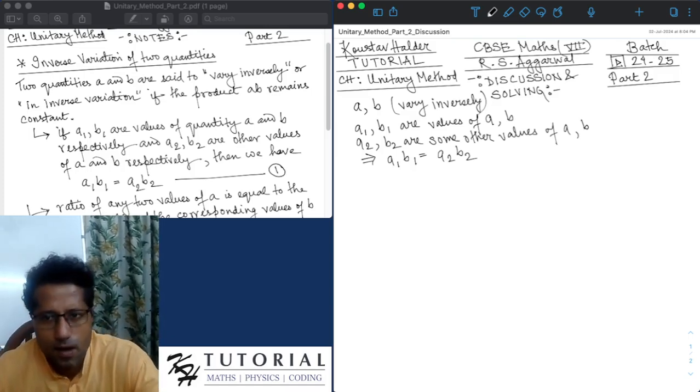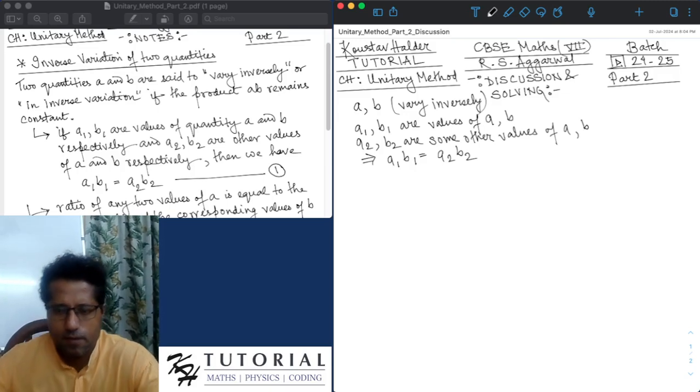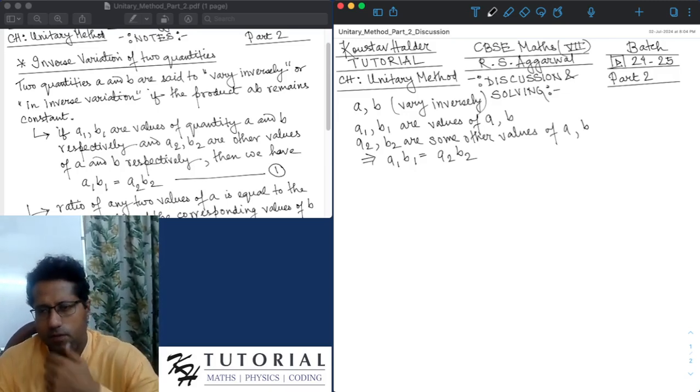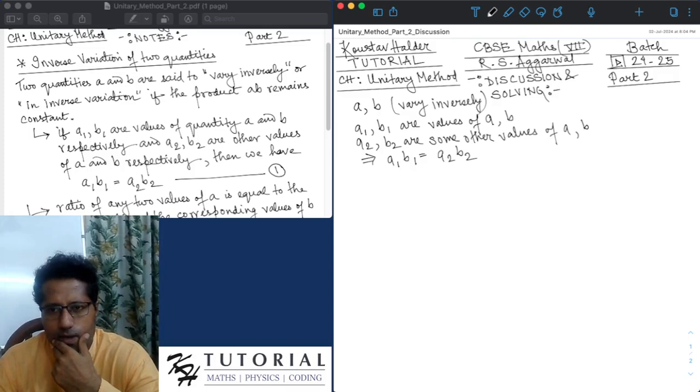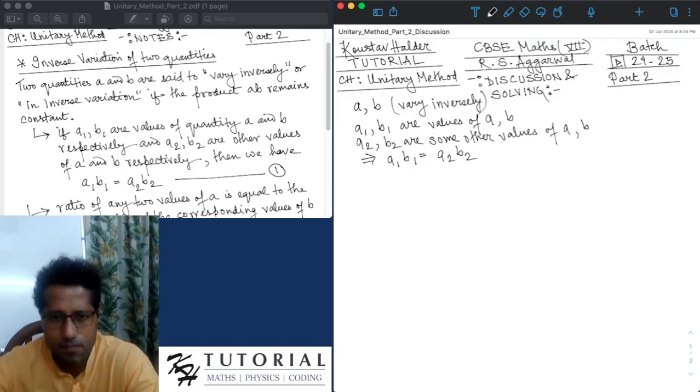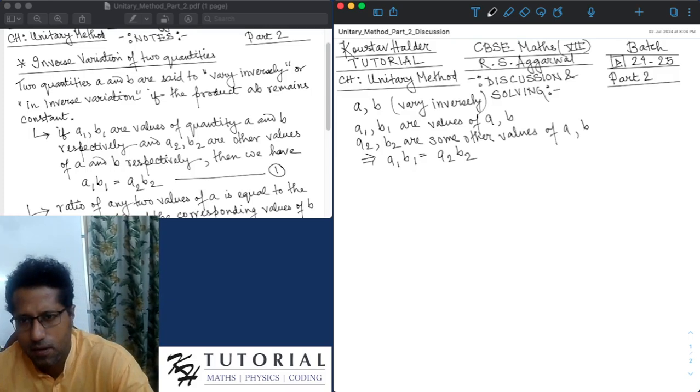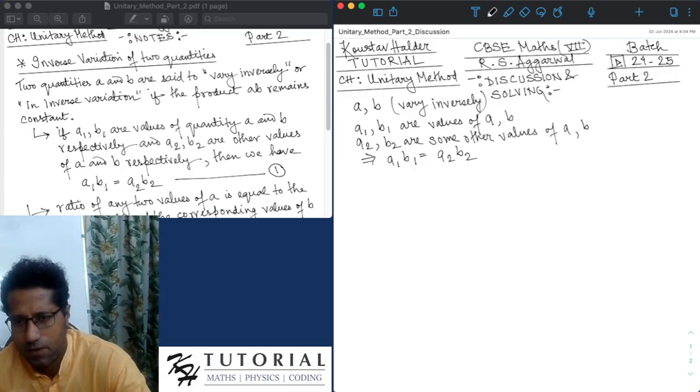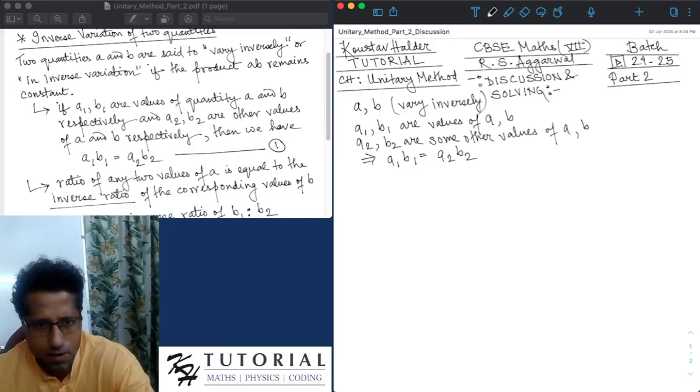This concept, that the product of the values of the quantities A and B remains constant if A and B vary inversely, can be expressed in another form.